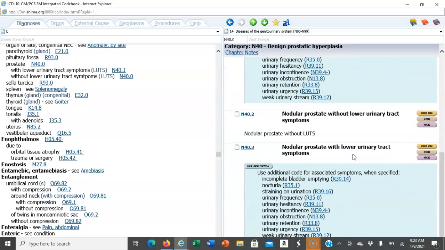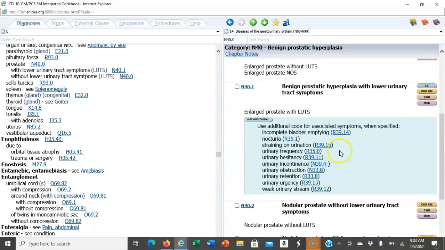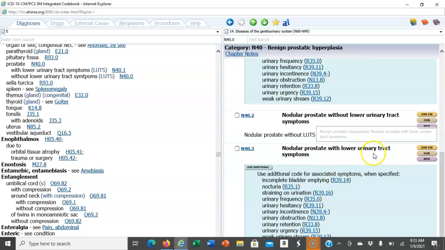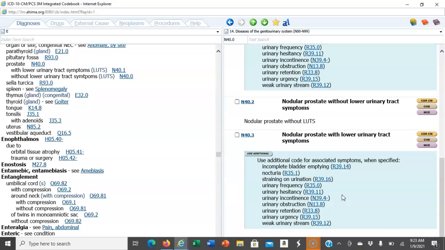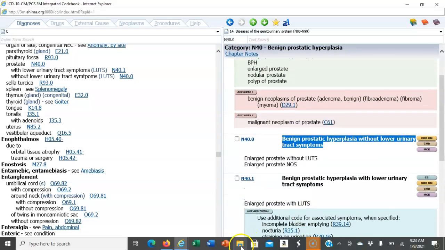So that's very important to note with BPH. Also, nodular prostate, again, these prostate codes that deal with enlargements and nodules on the prostate, the classification system instructs you to code those signs and symptoms.